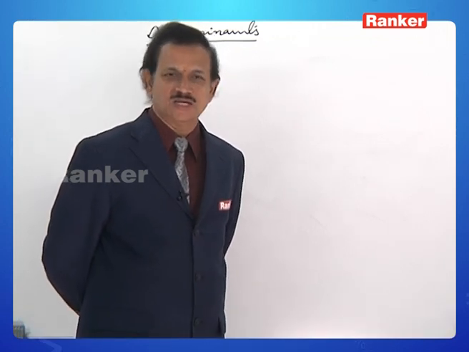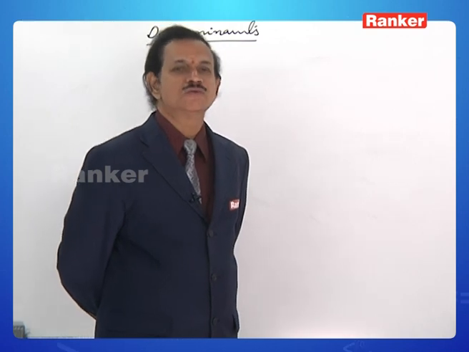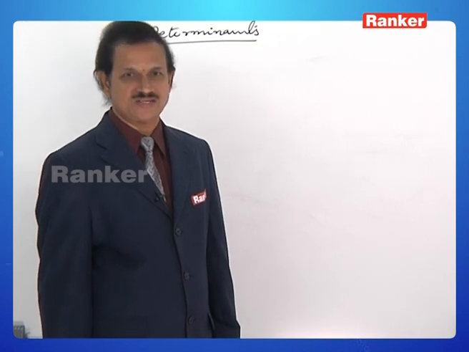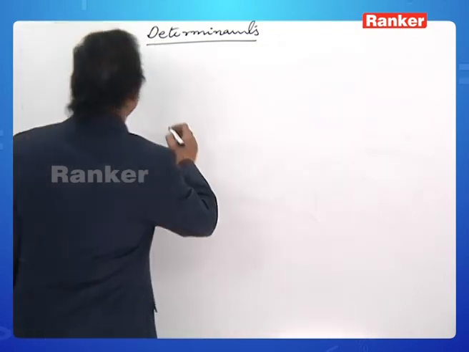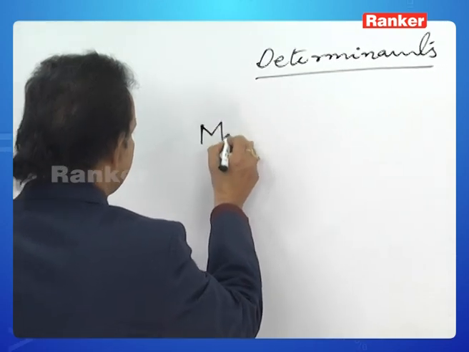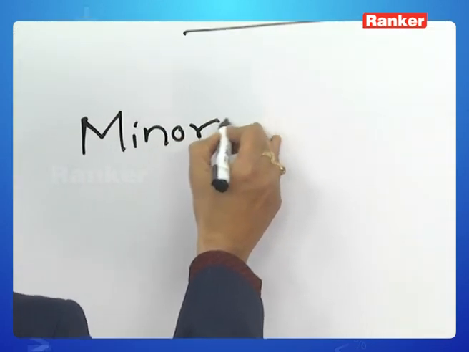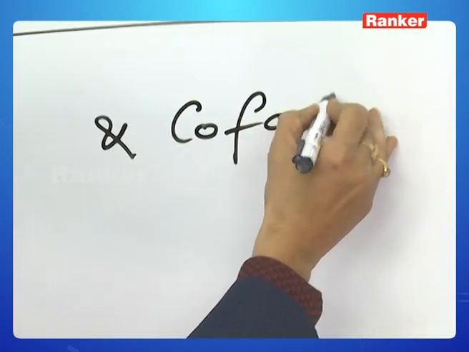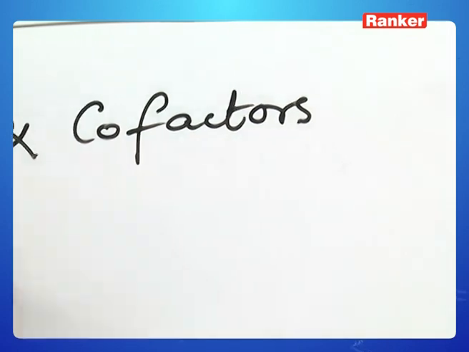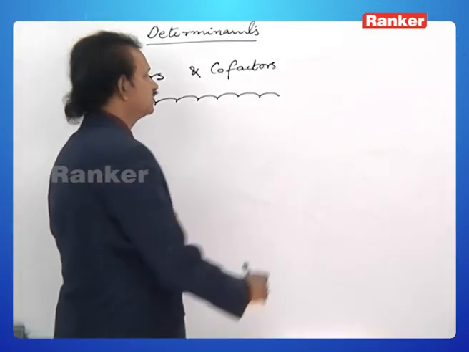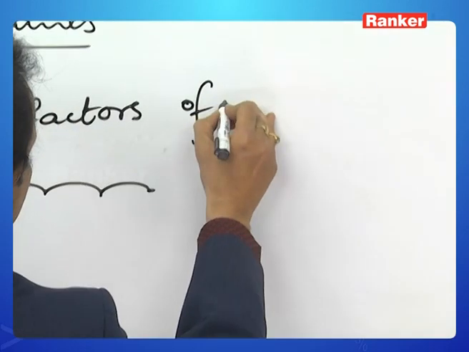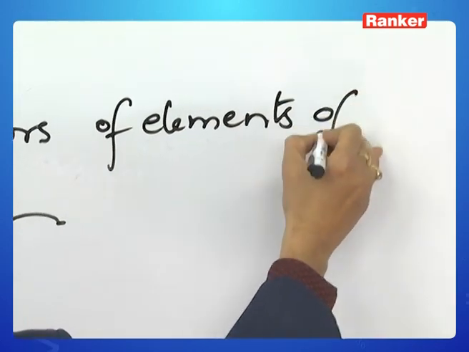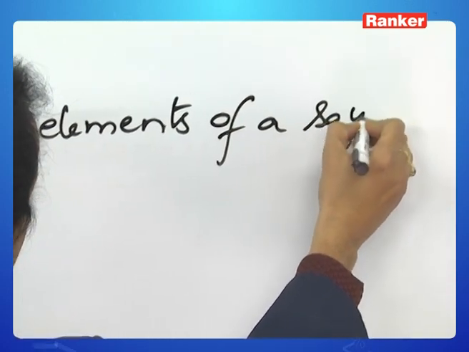In general square matrices, how do you define the determinant? For that, we need two more new concepts, namely minors and cofactors of elements of a square matrix.